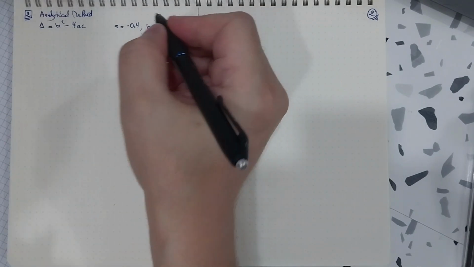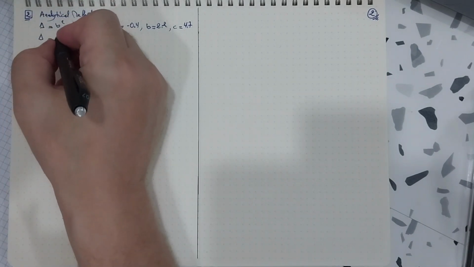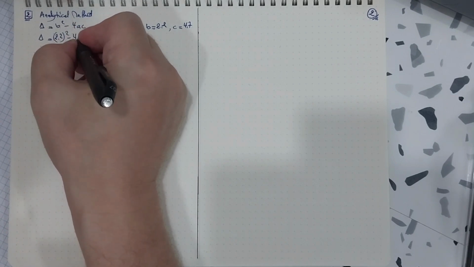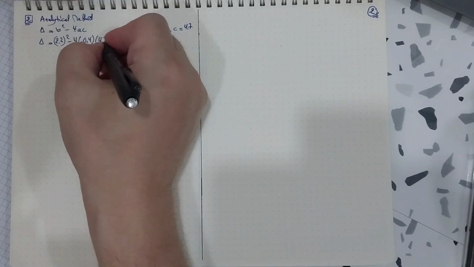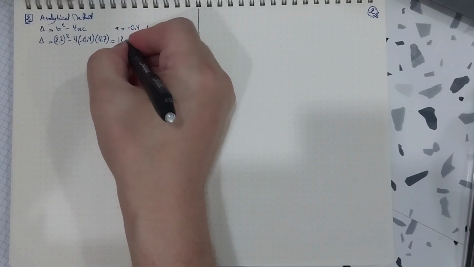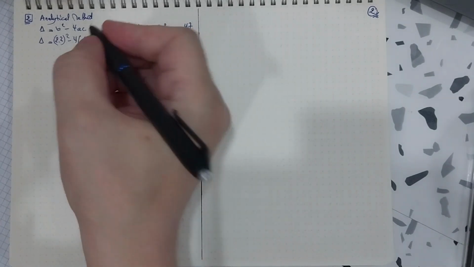And we replace the values. So we have 2.2 squared minus 4 times minus 0.4 times 4.7. And with the calculator, we find 12,360.